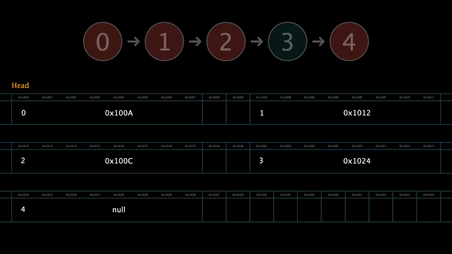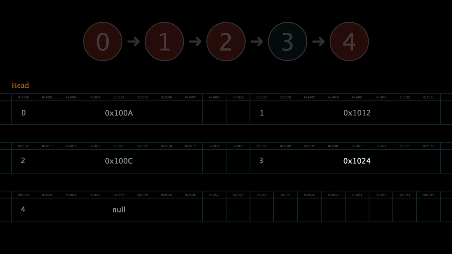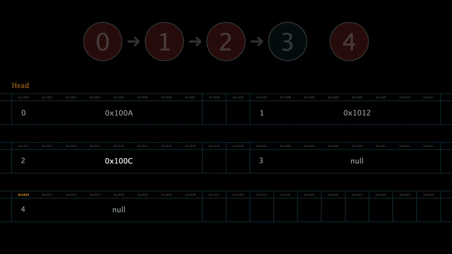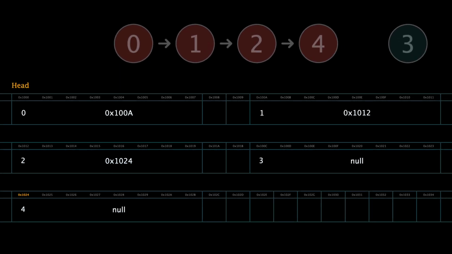Once we find the node that we want to remove, we can disconnect it, update the reference of the previous node to point directly to the next node, effectively bypassing the node we want to remove, and then over time the system will reclaim the memory occupied by the disconnected node, essentially removing it.